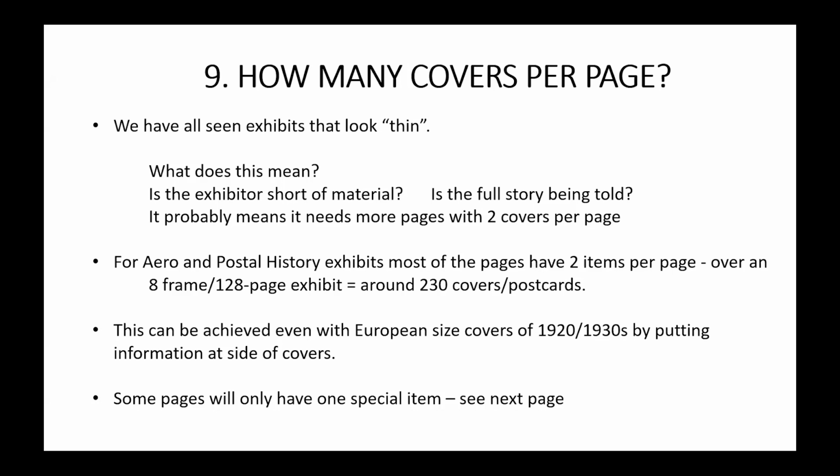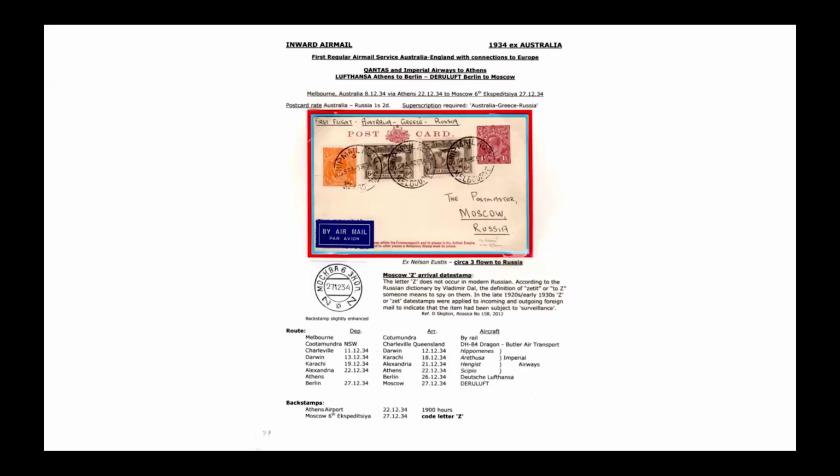Try not to make it look like a 2 by 2 with covers top and bottom. Mix it up a little bit, putting them one to one side, one to the other, with the descriptions either side. It's nice to have things mixed up so it looks interesting but still needs to look balanced. Some pages will only have one special item, if that's the item you want people's attention to be drawn to, not that I'm missing a cover that should be there.